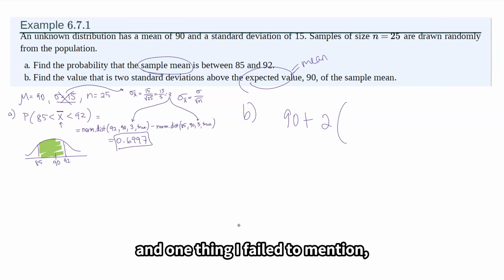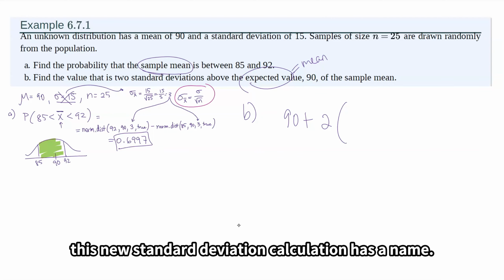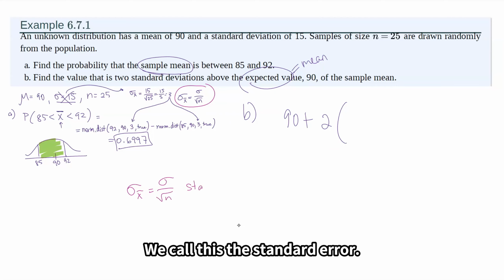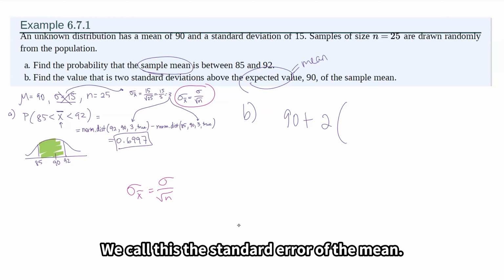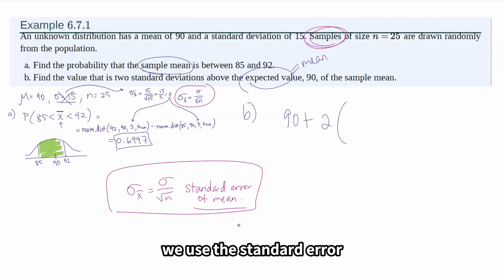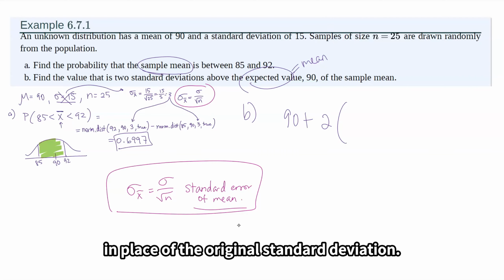And one thing I failed to mention, this new standard deviation calculation has a name. It's not just new standard deviation. We call this the standard error of the mean. So when we have a sample, we use the standard error in place of the original standard deviation.